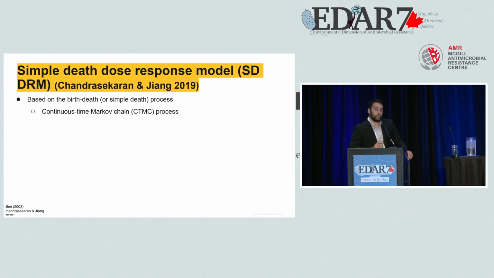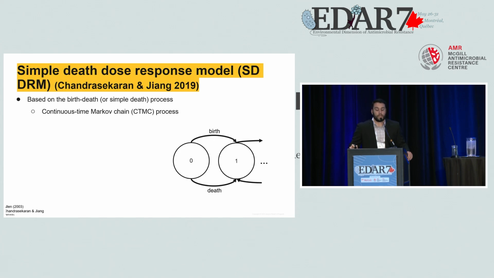And it's based on those previous models that I talked about, but also taking a step back and being based on the birth-death process, or in this case, the simple death process. And the birth-death process or simulation is a form of a continuous time Markov chain, shown in this picture, where I believe one of the earlier speakers today talked about it. And essentially, between each time step over a simulation process, you have a random transition from one state to another.